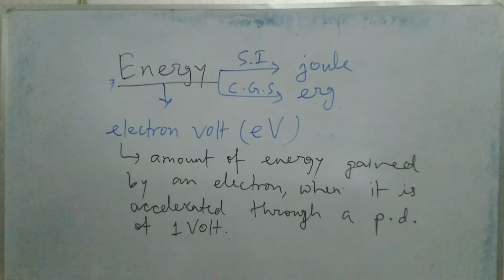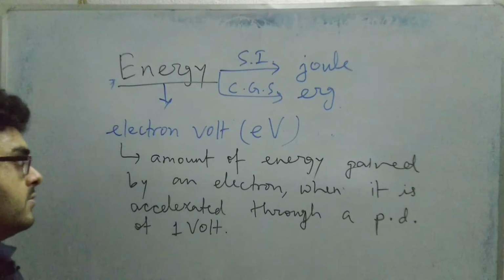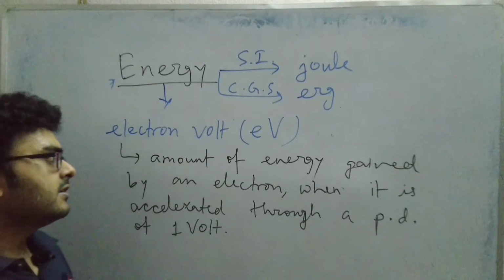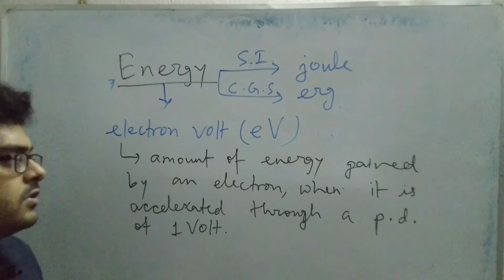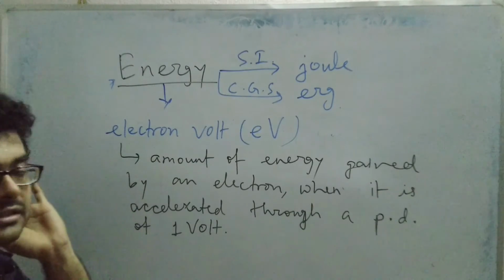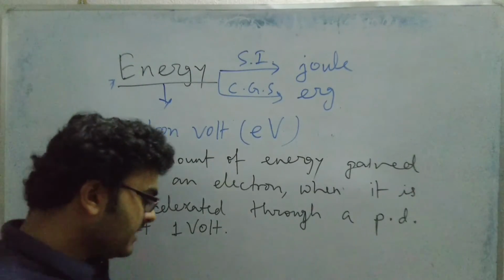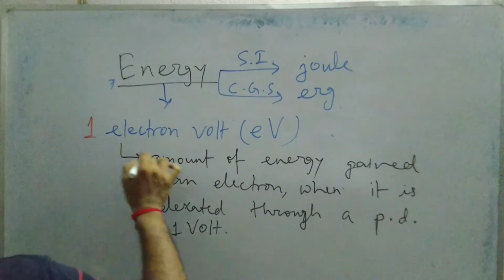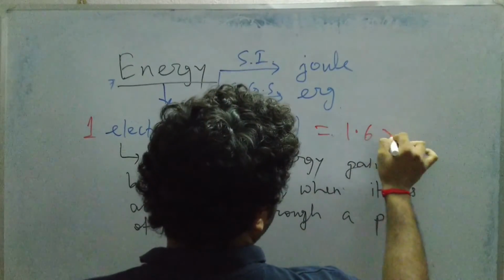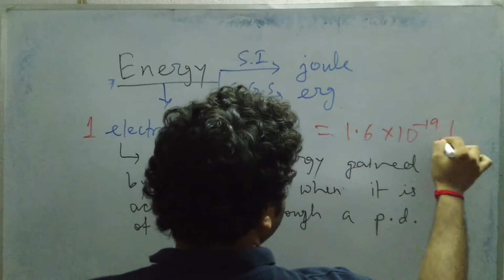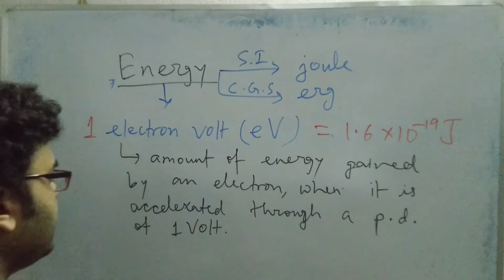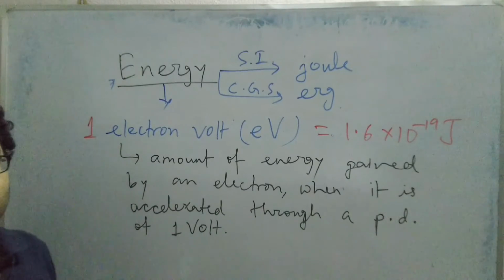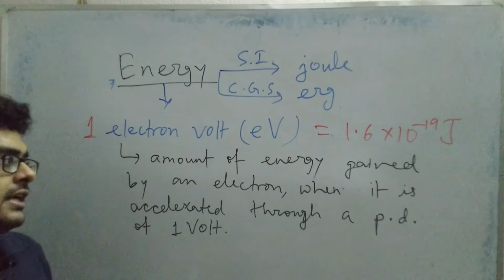For now, please just try to understand this: when an electron is accelerated through a potential difference of 1 volt, the amount of energy that the electron gains is referred to as 1 electron volt. And this 1 electron volt is equal to 1.6 × 10^-19 joule. So joule and electron volt are related by this mathematical relation: 1 electron volt equals 1.6 × 10^-19 joule.